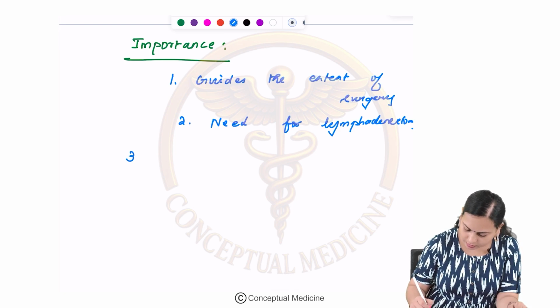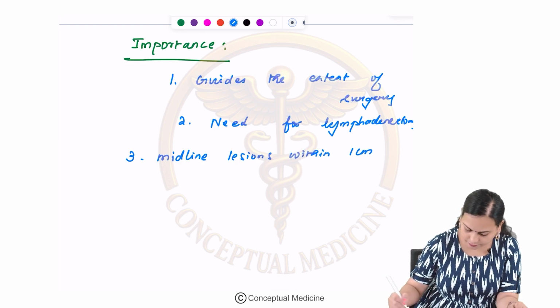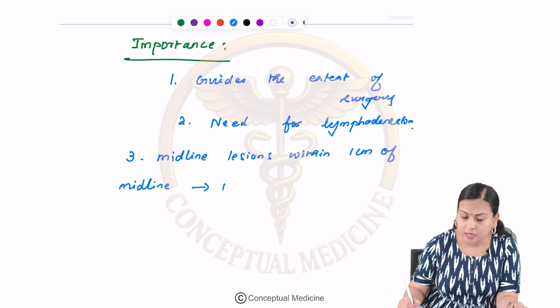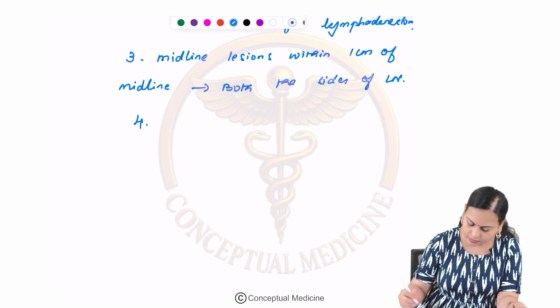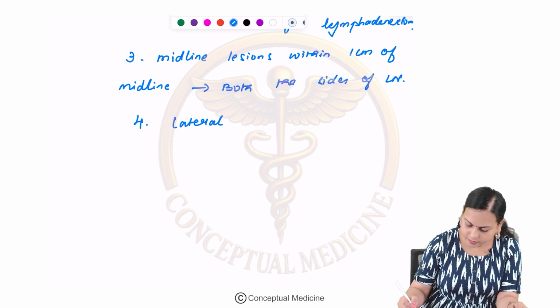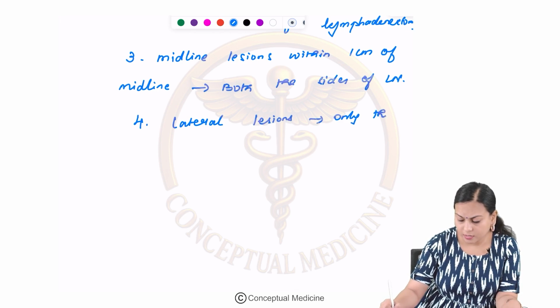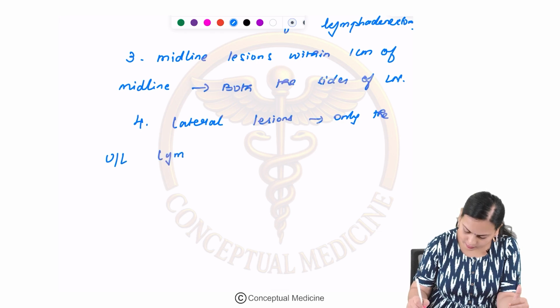Then I already told you, midline lesions within 1 centimeter of midline means then both the sides of lymph nodes are involved. Okay. Then finally, we are clear that lateral lesions means only that side's lymph nodes are involved. So, only the unilateral lymph nodes are involved.